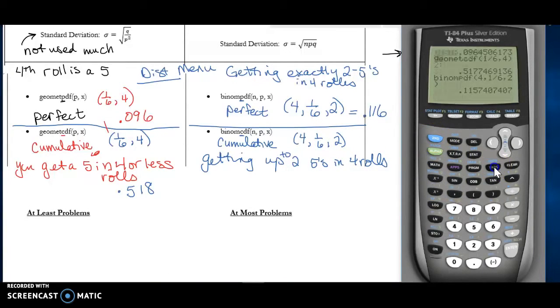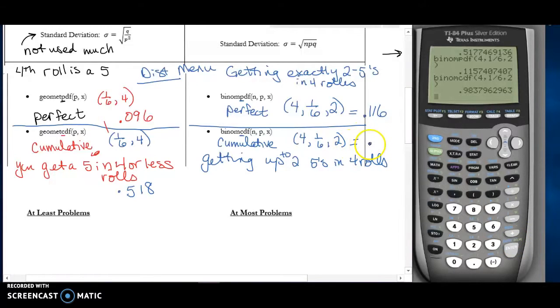So I go to my cumulative distribution, and it is 4 rolls, probability is 1/6, and then up to 2 successes. And so this one is 98.4% of the time.